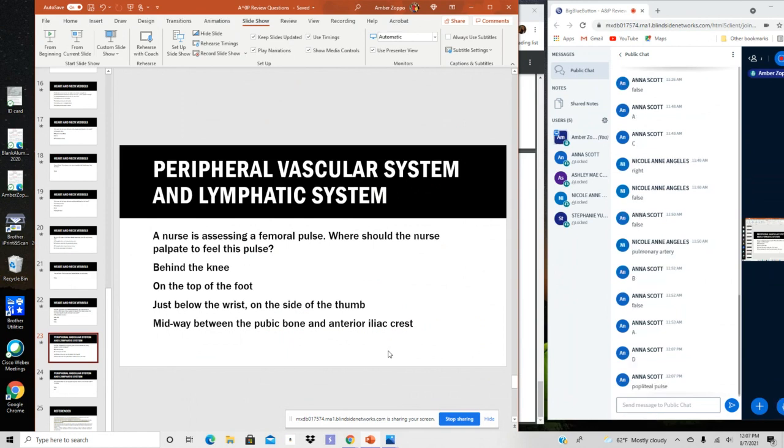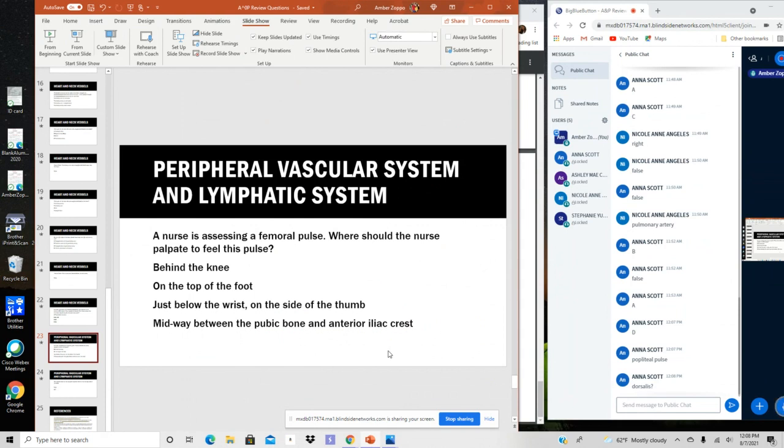Popliteal. And how about on top of the foot? Does anybody know which pulse you would feel on top of the foot? Yes, Anna, yes. Dorsalis pedis, you would assess on the top of the foot.